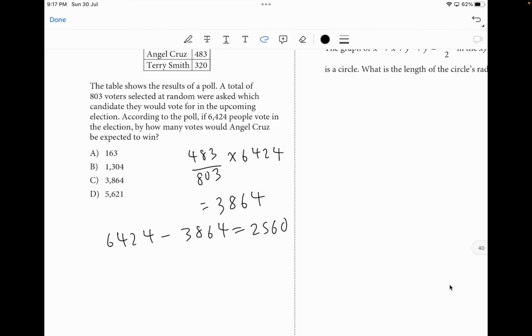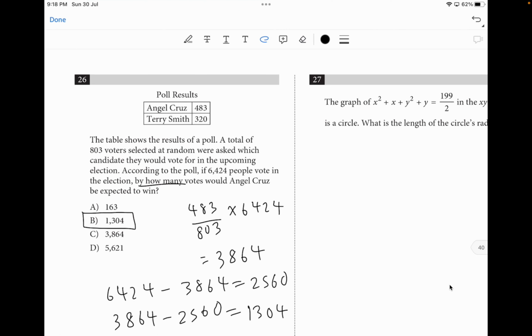It's going to be 1,304. Now, a little more explanation on this is that since we have found the difference in the number of votes for and against Angel Cruz, therefore, if 6,424 people vote in the election, Angel Cruz would be expected to win by 1,304 votes.